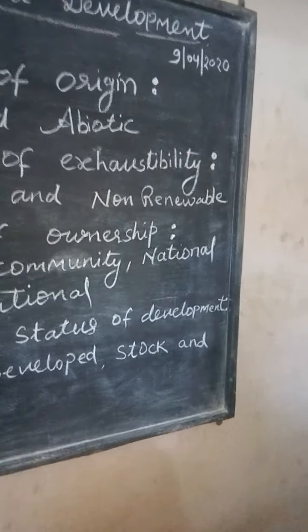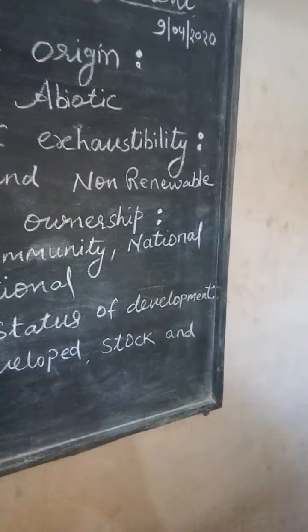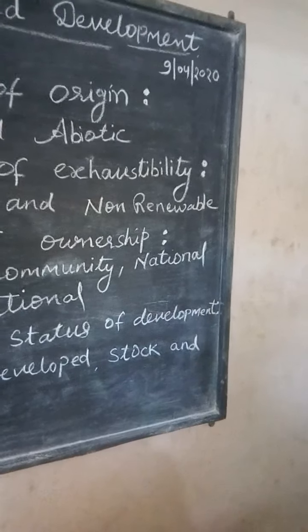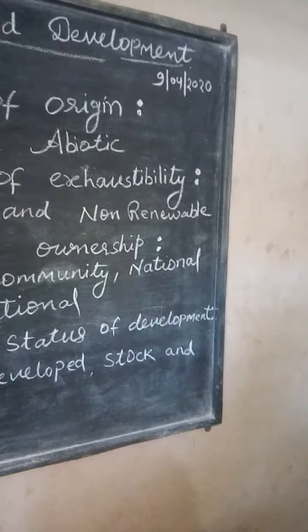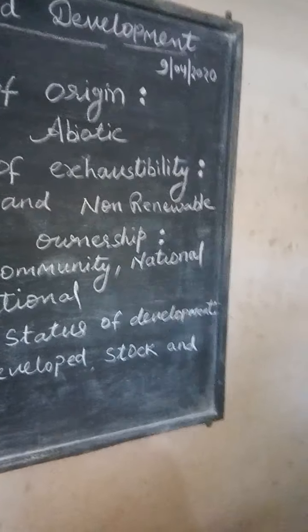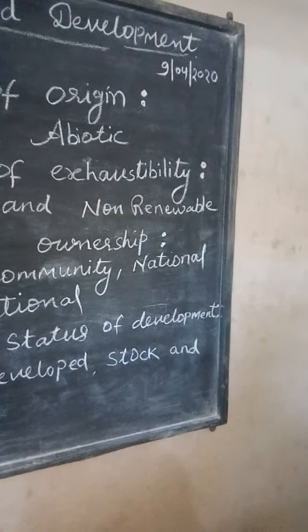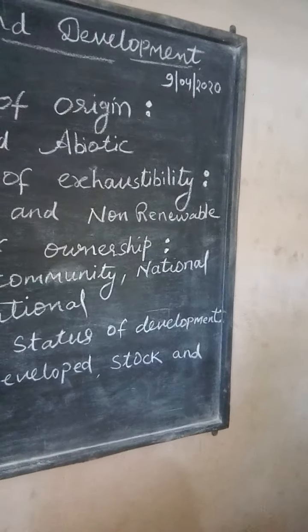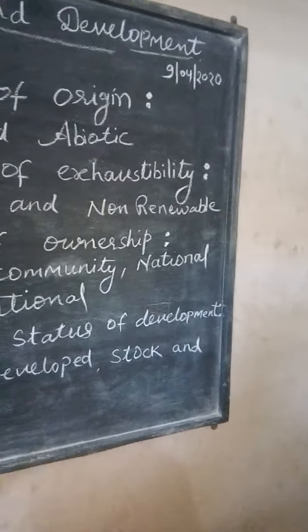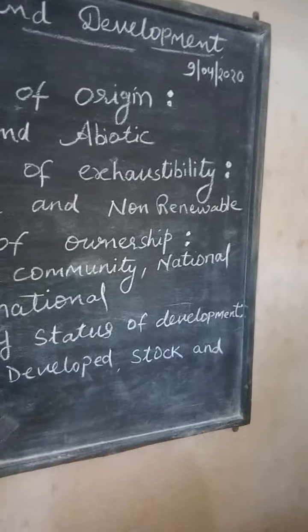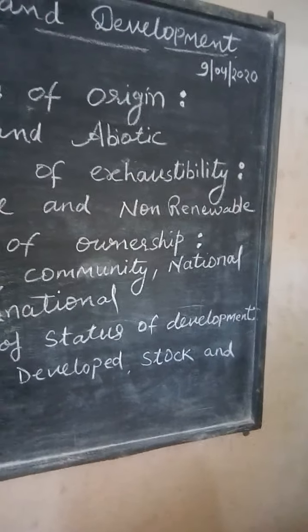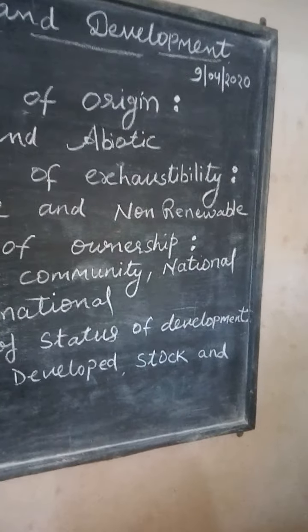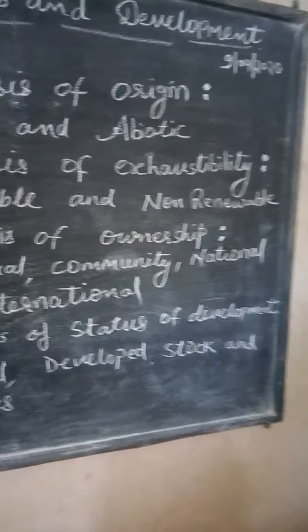So we can say that all the resources are government resources, they are the national resources. We can see the example of all the minerals, all the water resources, forest, wildlife, land within political boundaries. All these resources are known as the national resources.